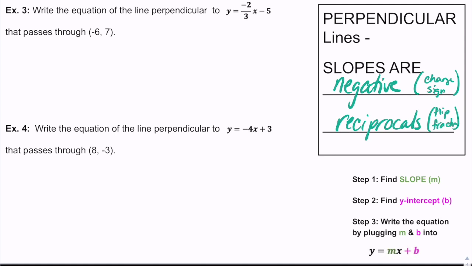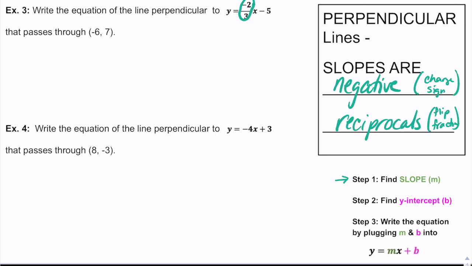Okay, so the first thing is we need to find the slope. Remember, step 1 is to find the slope. If I look in this original equation for example 3, my slope is -2/3. I don't want that slope. I want the slope of the perpendicular line, so I need the negative reciprocal.